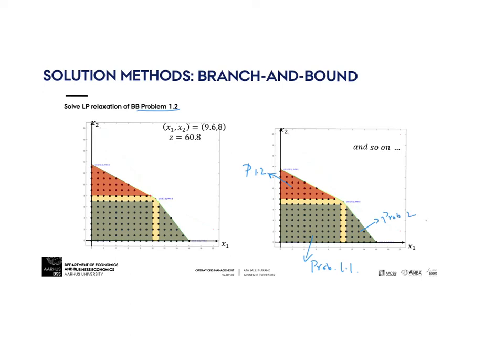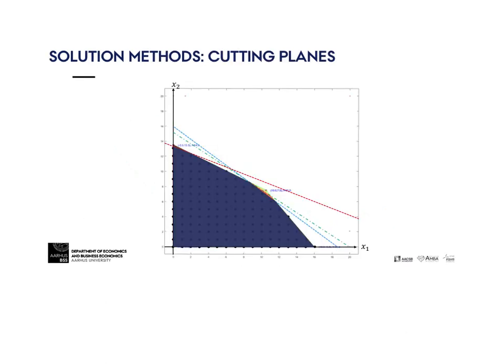So in this case, you still save a lot of time checking all the possible solutions. You continue until you exhaust the search and find the optimal solution in the end. So that's the branch and bound method.